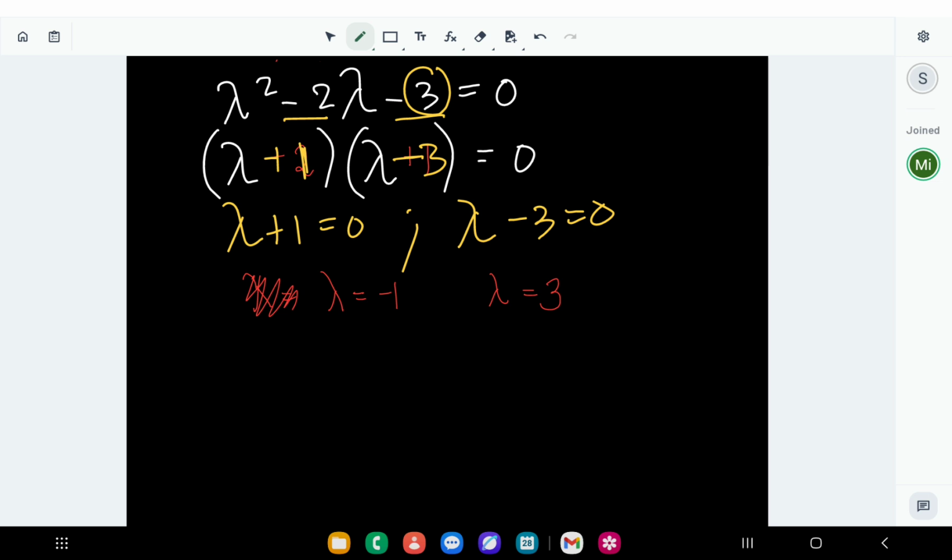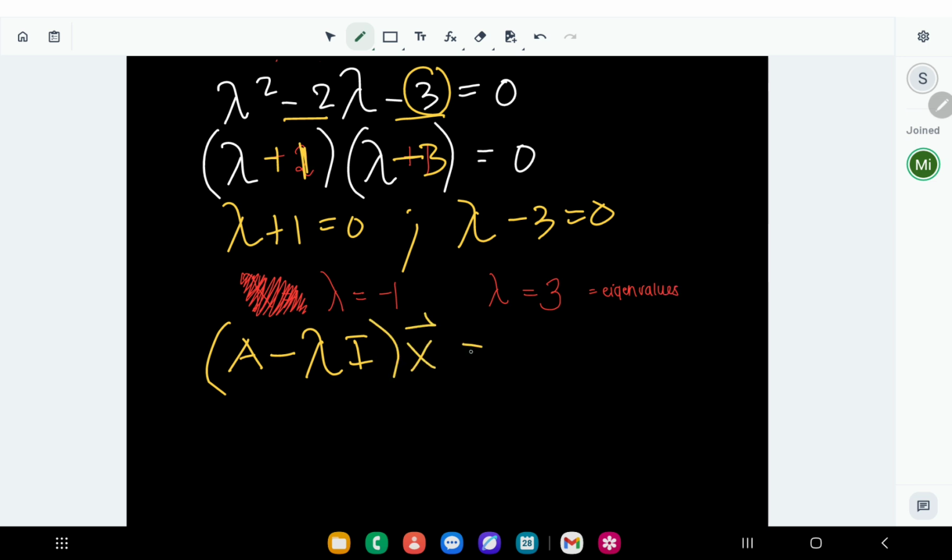And now we can find the eigenvectors. Alright, going back to the equation I showed you earlier, with the eigenvector equals the 0 vector, this one, A times x equals lambda times x. We calculate the eigenvector for each of the eigenvalues.